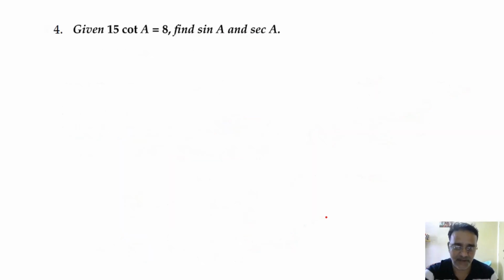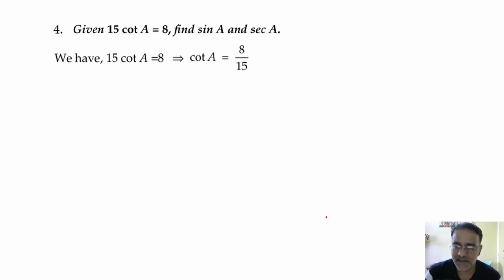No, sir. Okay. Now, given 15 cot A is equals to 8, find sin A and sec A. So 15 cot A equals 8 means what is the value of cot A? 8 by 15. Right. So cot A is adjacent by opposite side.